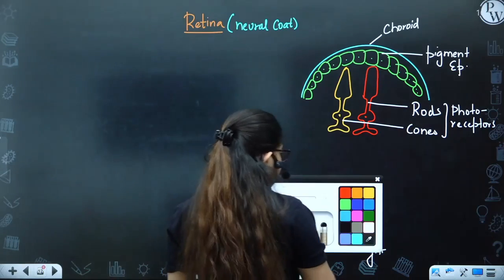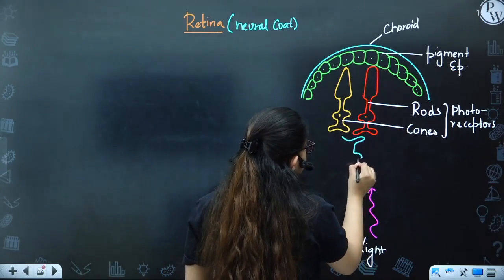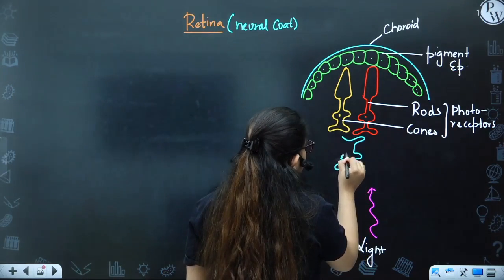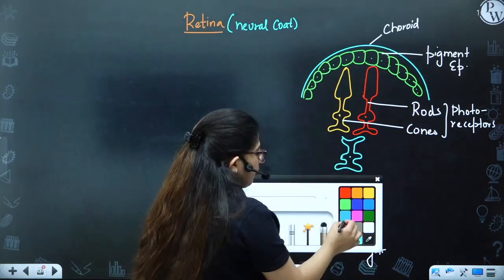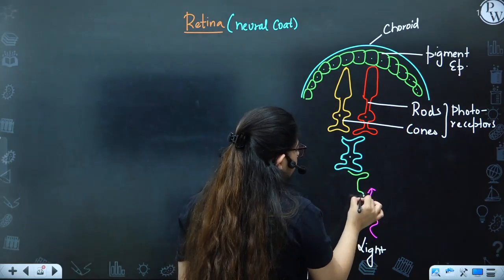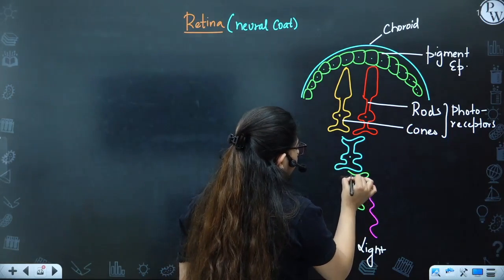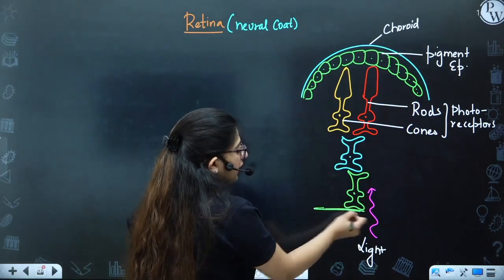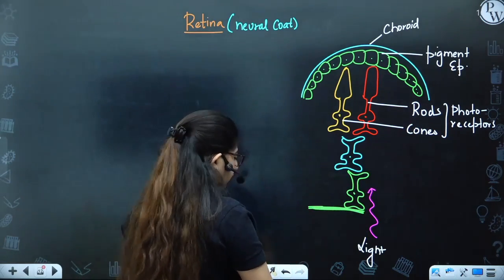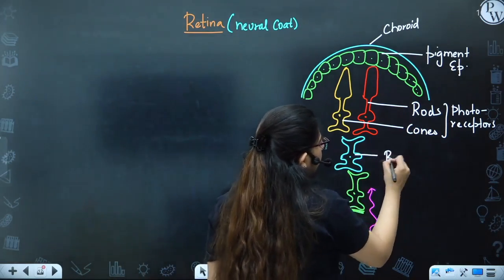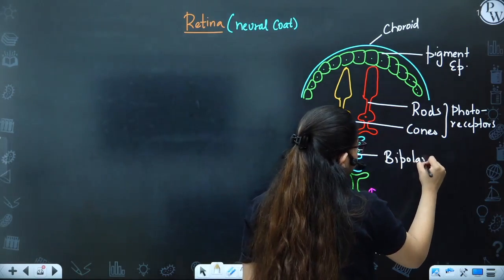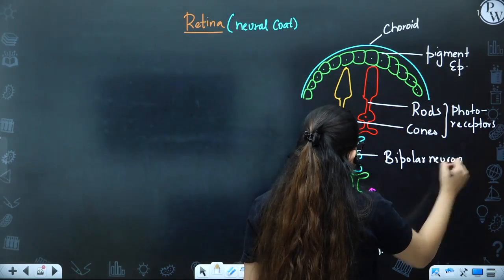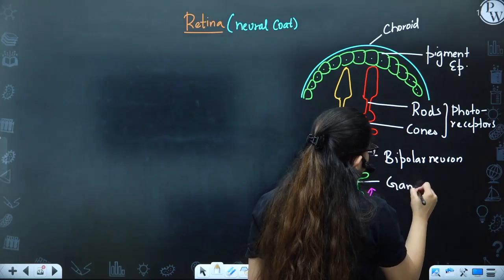The neurons present here are bipolar neurons, and these bipolar neurons further form synapses with the ganglionic neurons. These ganglionic neurons are attached to the optic nerve.